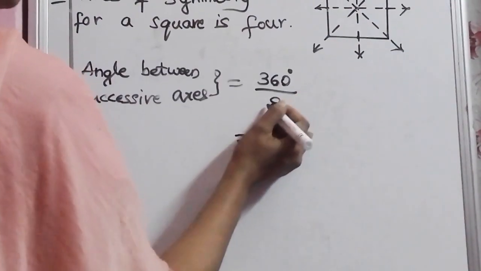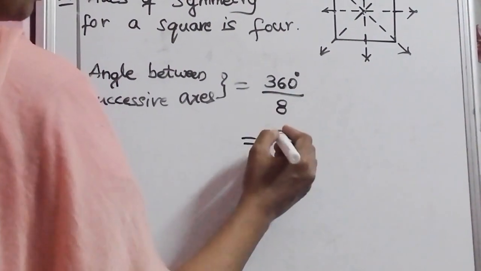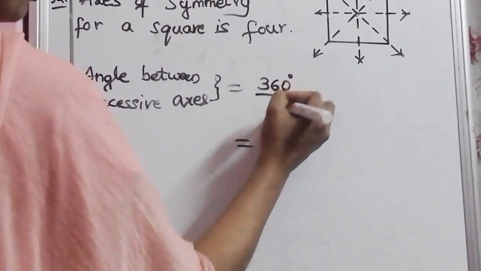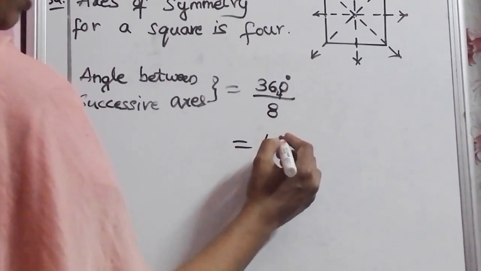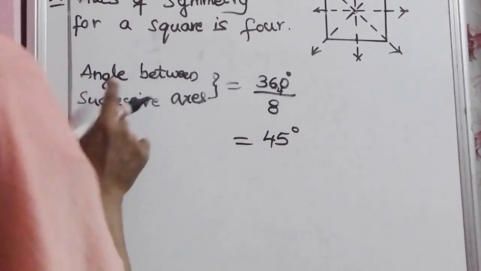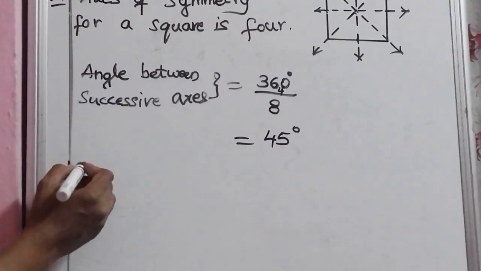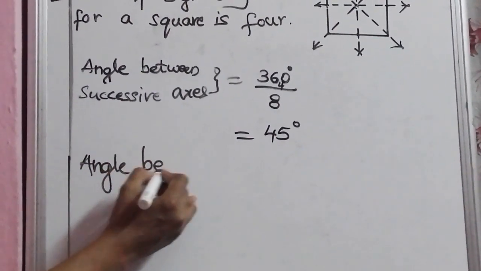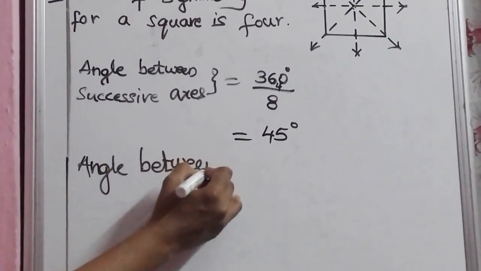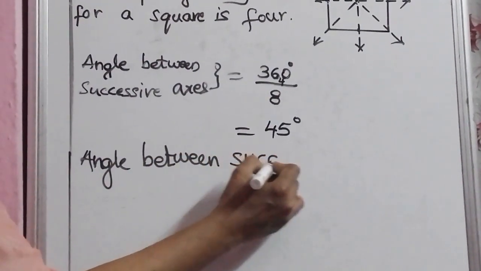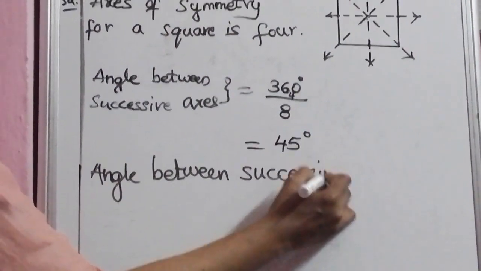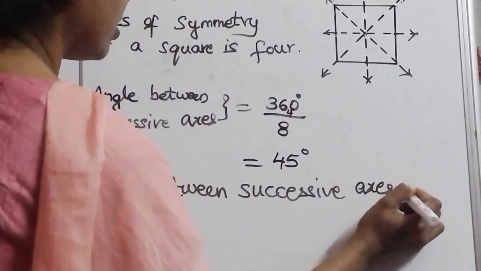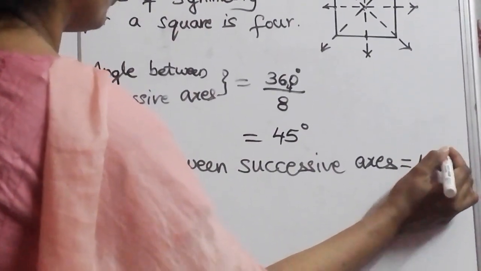Now let's cancel. 8 ones are 8, 8 fours are 32. 6 minus 2 is 4, so 40. 8 fives are 40. So the angle between successive axes, you got it as 45 degrees.